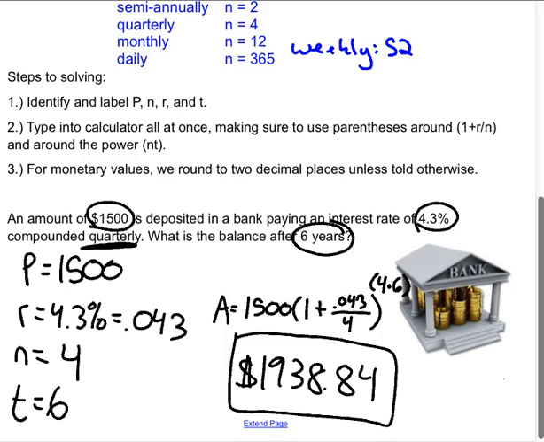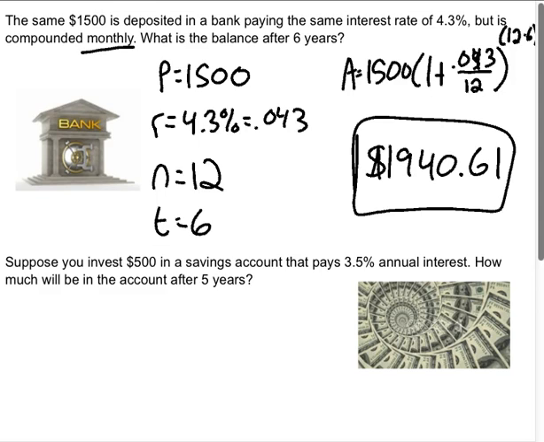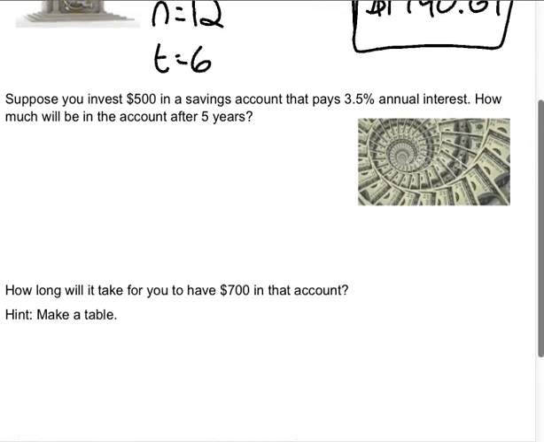And the reason for that is because as it's compounding more often, you're making interest on your interest more often. Okay, you get more opportunity to make money off of the interest you've already accumulated because they're calculating the interest more often. Okay, so it sounds a little confusing, but if you really think about it, it makes sense. The more you can make on the interest, the more money you're going to end up with in the end.